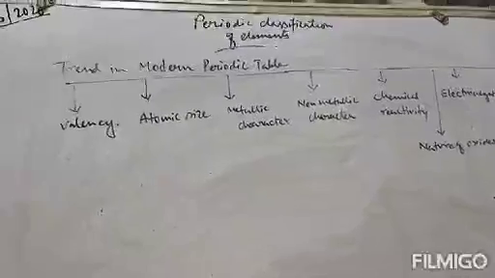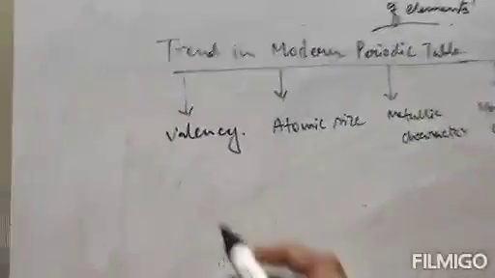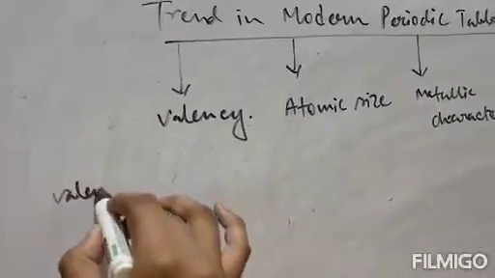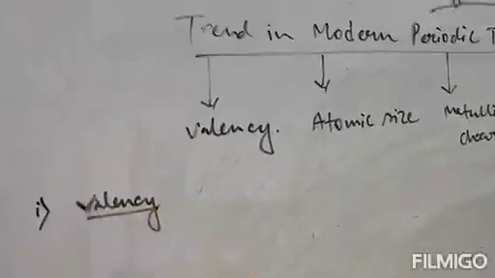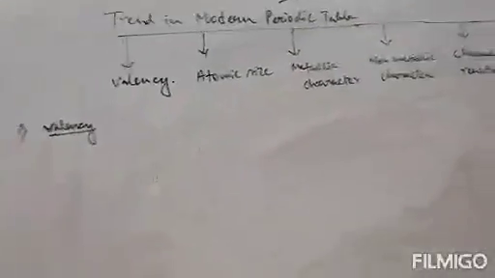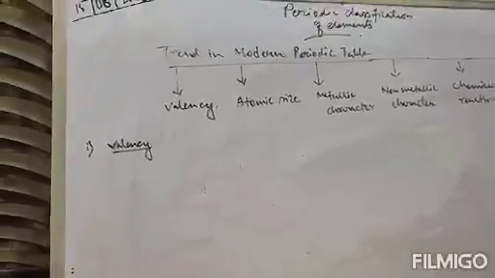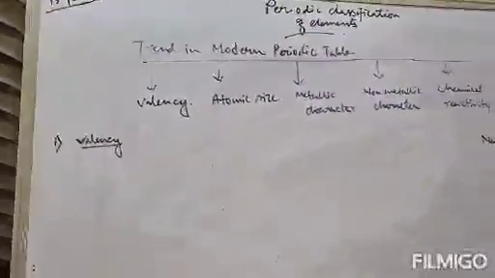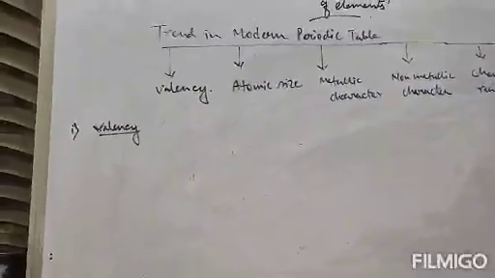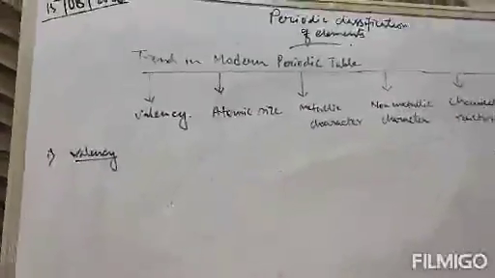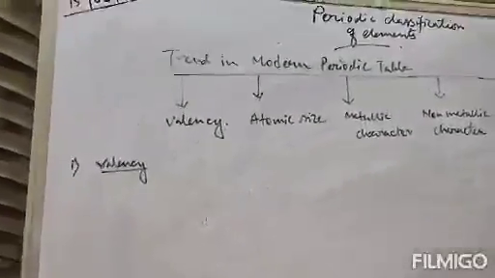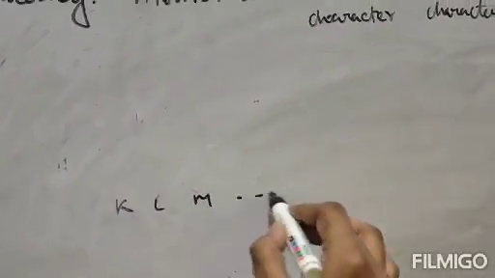So first, that is valency. Talking about valency, the first property, what is valency? It is a property of an element which is determined by the number of valence electrons present in the outermost shell of its atom. Now, in an atom there are many shells like K shell, L shell, M shell and so on.